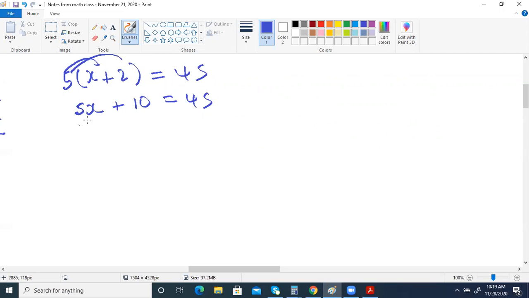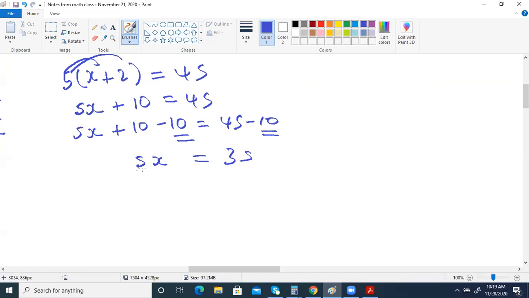And then we can isolate this guy. So what we do is subtract 10 from both sides. So this becomes 5x, and then this is equal to 35. And you divide both sides by 5, you get x equal to 7.